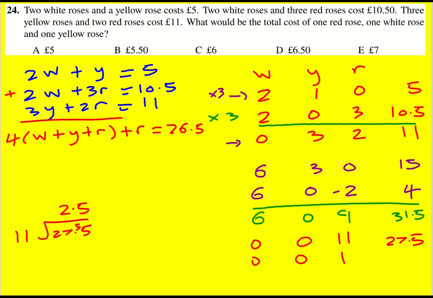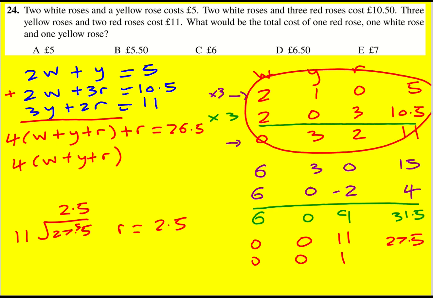So we've just found that R is equal to 2.5, which means 4 lots of W plus Y plus red. By the way, I know I've reverted to the algebra, but you could do the same kind of thing from here if you wanted to. You just run out of space. So I just need to do 26.5 minus 2.5. That's going to give 24, which means that W plus Y plus red is 6.